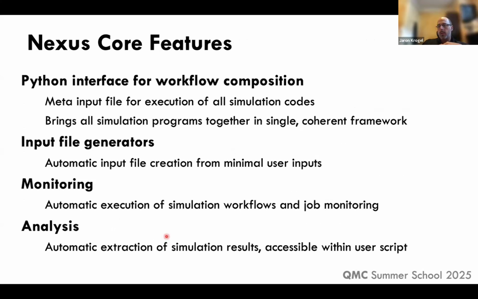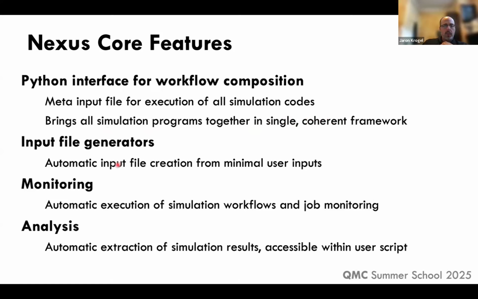Okay, so what are the core features of NEXUS? Well, the workflow composition for NEXUS is done in Python, and a Python script essentially comprises a meta input file for the execution of all the simulation codes involved in the workflow. It brings all the different simulation programs, whatever they are, whether they're DFT or QMC, together in a single coherent framework, makes them easier to work with together.